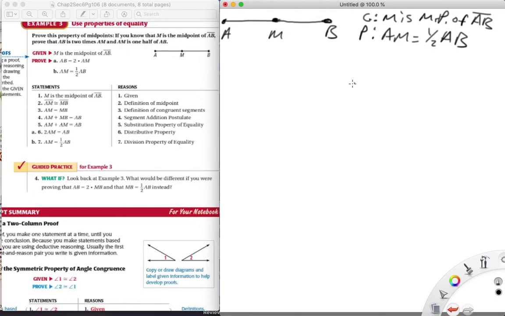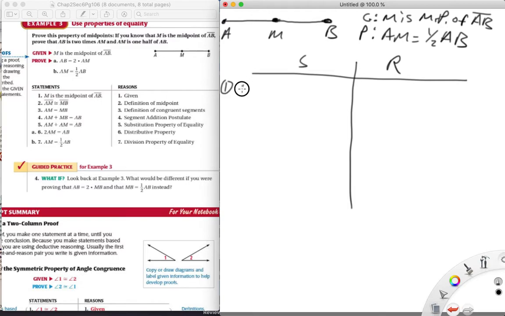Here's my statement. Here's my reasoning. The first thing they give for proof for number one is always going to be your givens. M is the midpoint. I don't have to write of segment AB. You can if you want to.